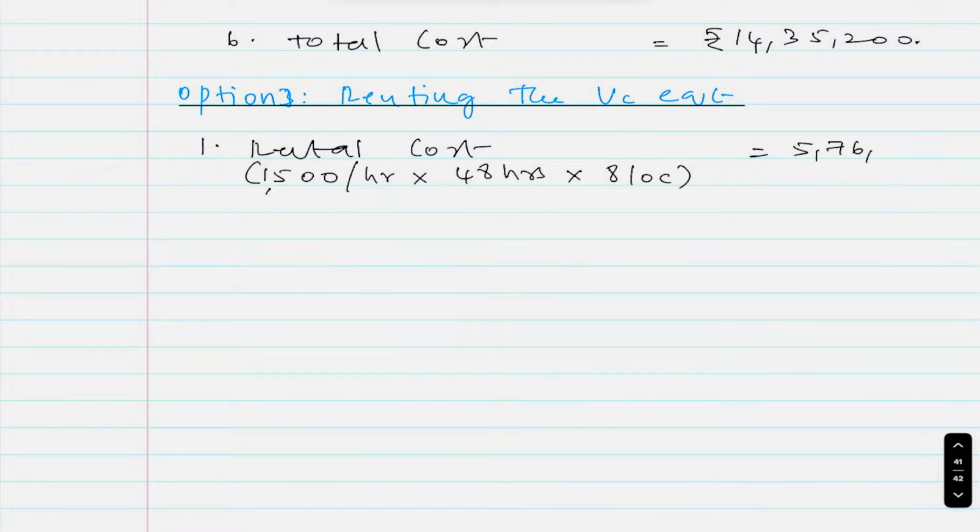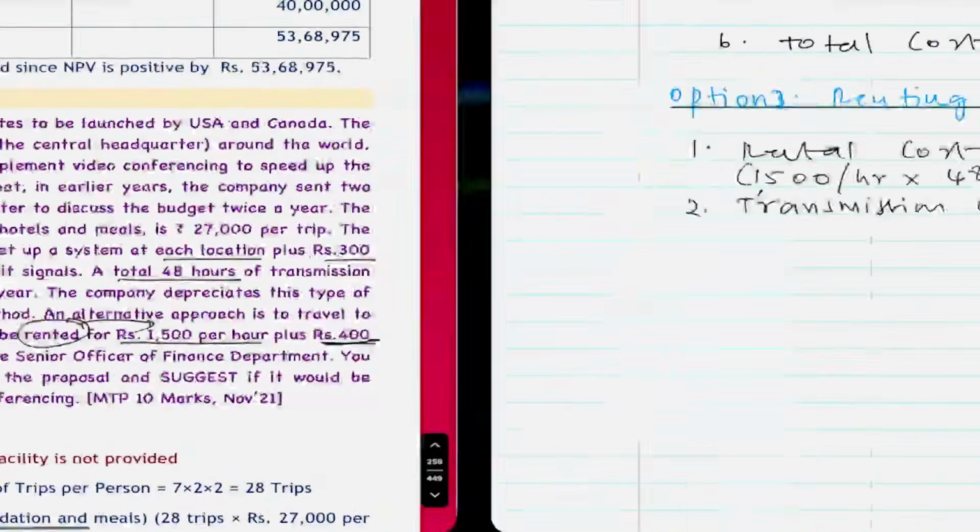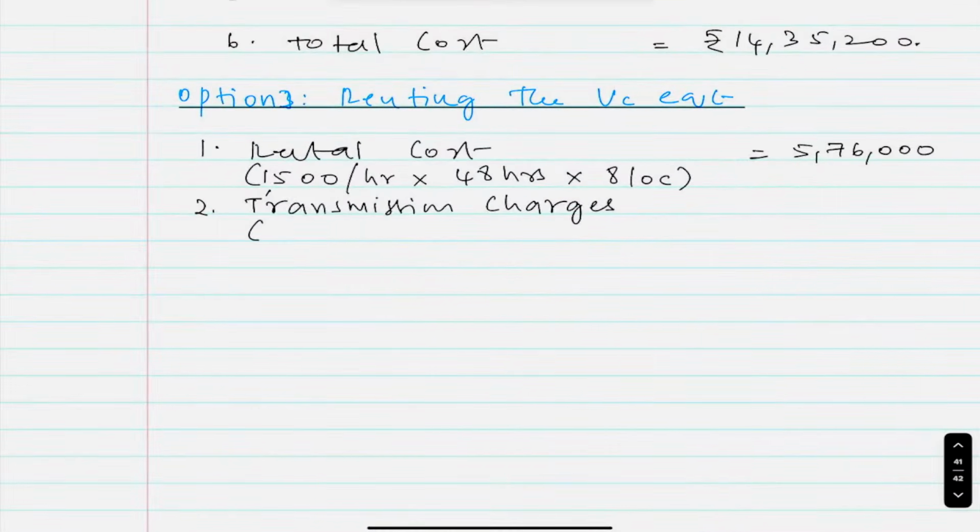5 lakh plus transmission charges. See the transmission charges here, everyone. Transmission charges how much? 400 per hour.